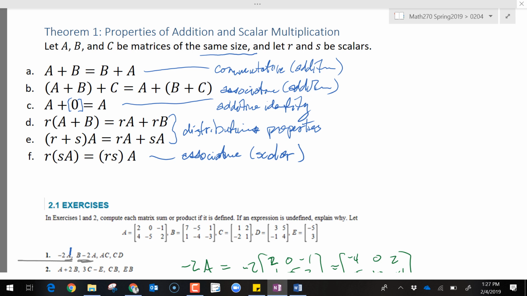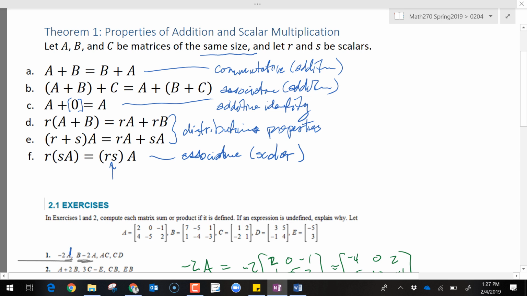So it means if you have a scalar times a matrix, you can take the scalar out and multiply the scalars together first, and then multiply it times the matrix. There are similar vector properties that we didn't really talk much about, but they're here. We'll take a look at some vector properties, and we'll take a look at vector spaces in chapter 4.